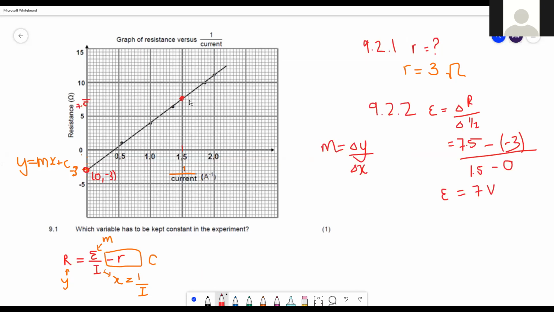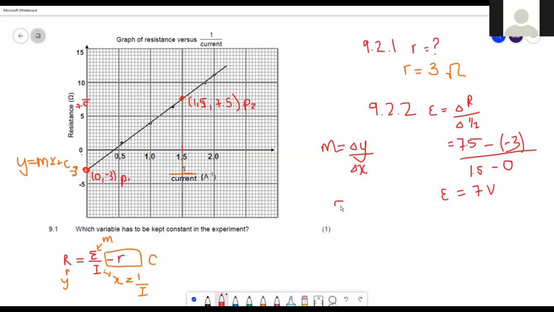And I chose this point over here just because it's online. It's just easier for me to see, which was 1.5 and 7.5. So this was my point 2. This was my point 1.